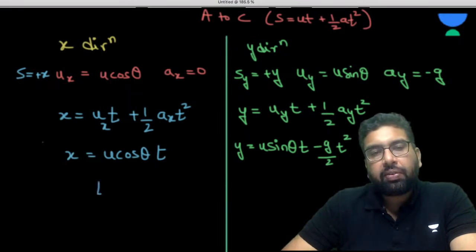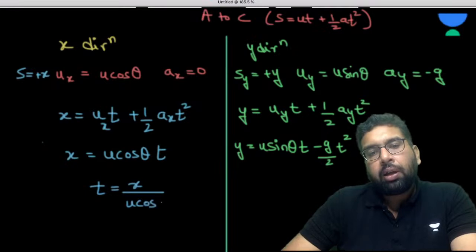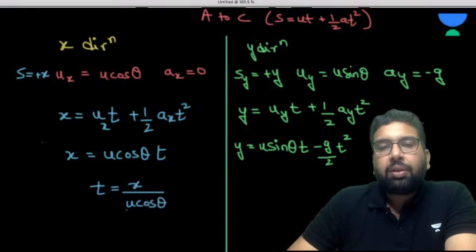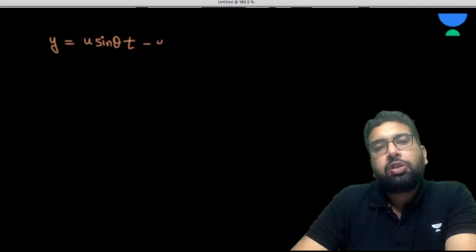So can we write t is equal to x upon u cos theta? T is equal to x upon u cos theta. So when t is equal to x upon u cos theta, let's place it in this equation. So we have y is equal to u sine theta of t minus g by 2 of t square.